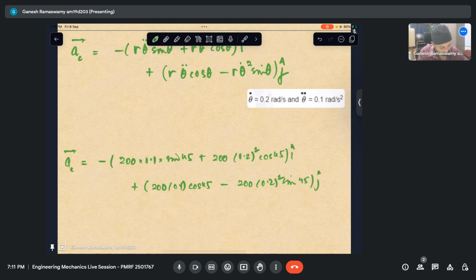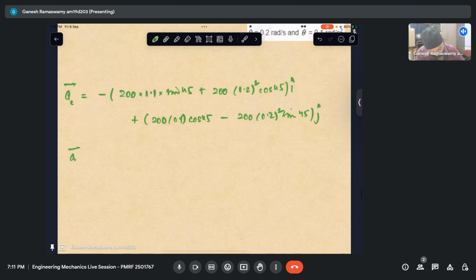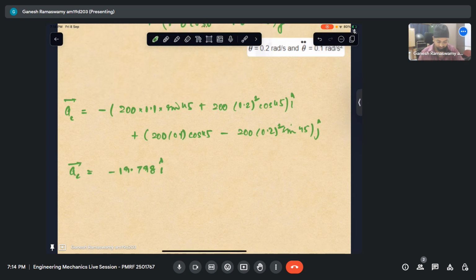So acceleration of C comes out to be minus 19.798 I, and the j term is 200 into 0.2 squared into sine 45.